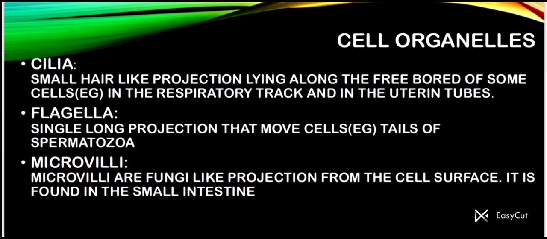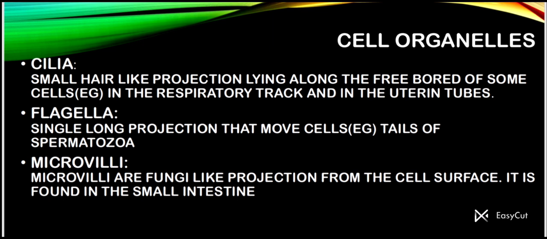Flagella are long tail-like processes. The sperm consists of head, body and tail, and the tail contains flagella. Microvilli are small finger-like projections present in the small intestine, used for absorption of food.